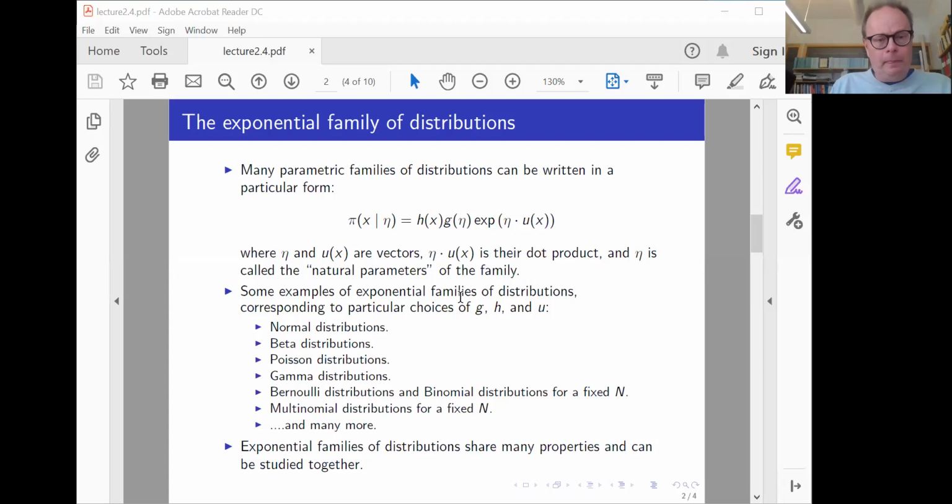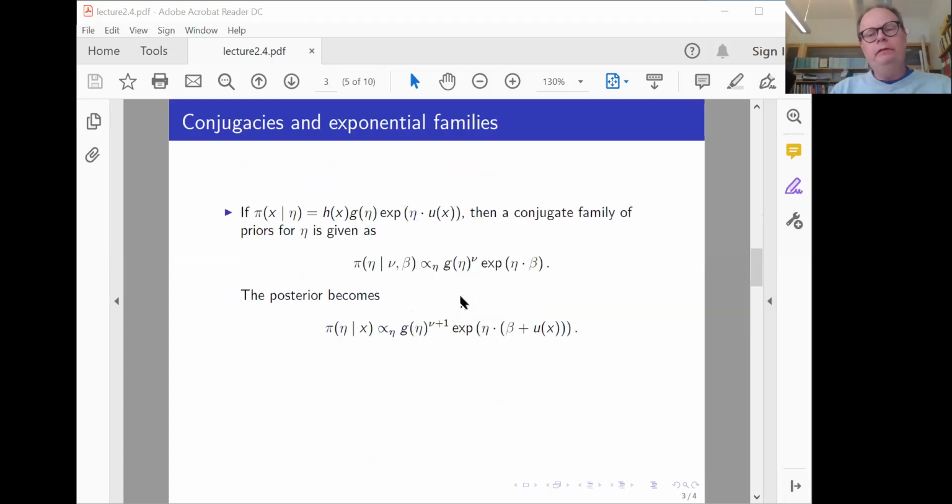Let's go back to the presentation. One important property of exponential families is that they have conjugate priors, and in fact almost all examples that you have of conjugate priors are exponential families.